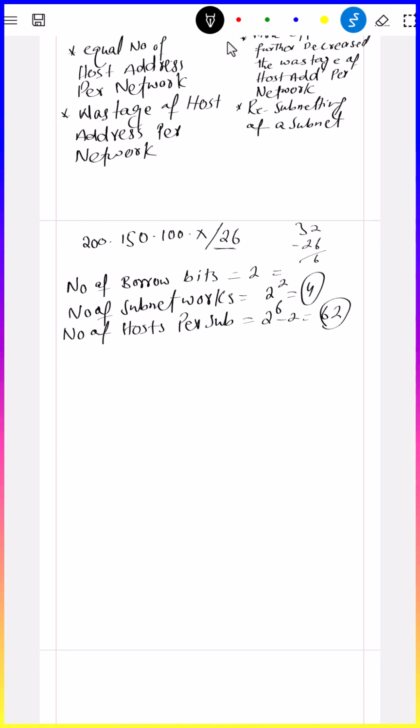The range of each subnetwork is very simple: the last octet divided by 4. 256 divided by 4. 256 is the total range of the last octet. Why 4? Because we have 4 subnetworks, so it is equal to 64.